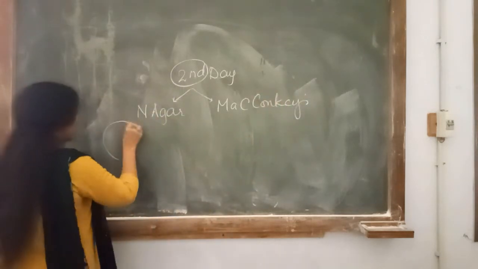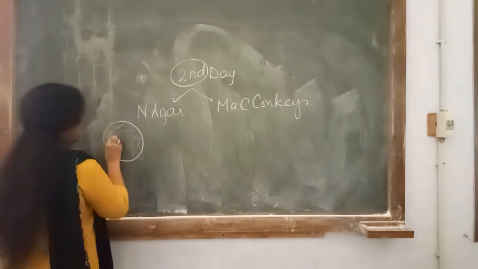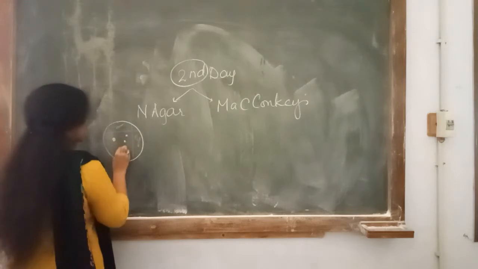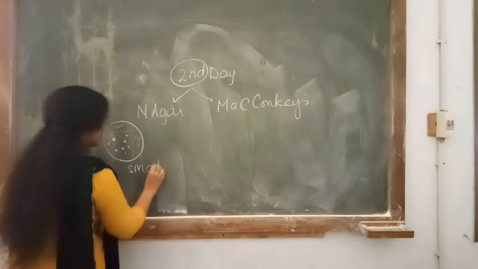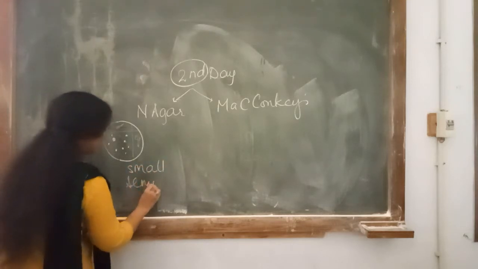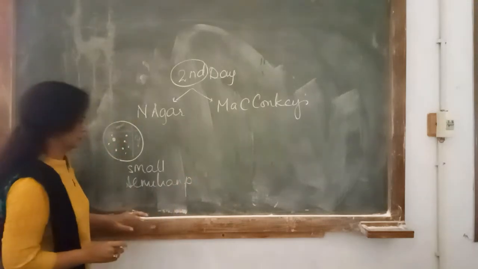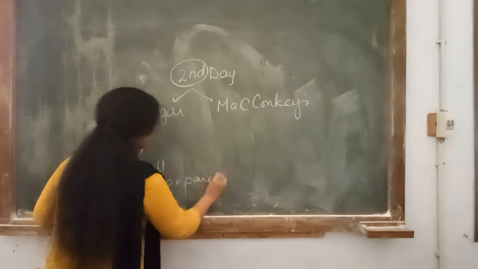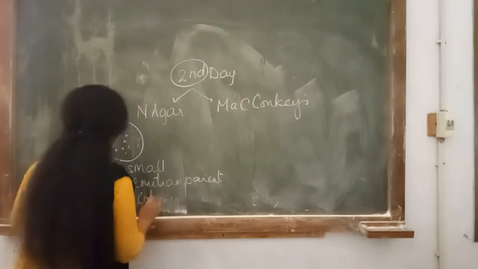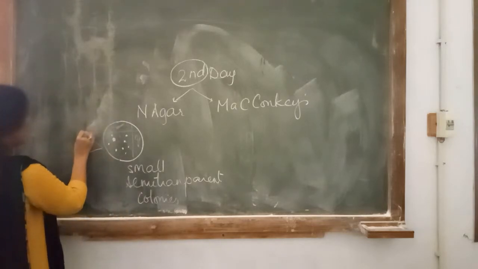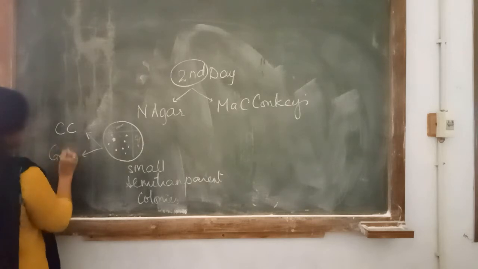From N-agar plate, we will have well isolated colonies which will be small and semi-transparent. From N-agar, two things are to be done. First of all, colony characters are written and then gram staining is to be done.